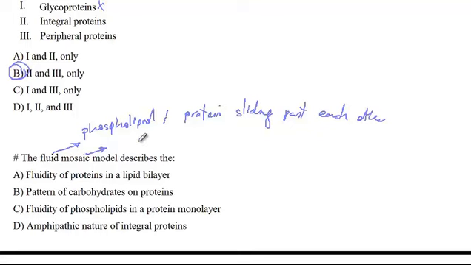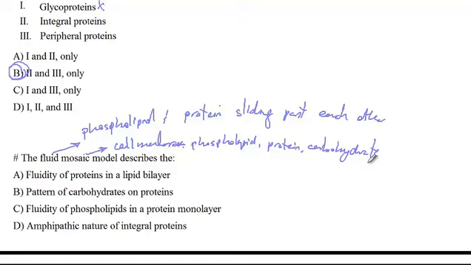And then the mosaic component of it is because a cell membrane is made of different components. Like for instance, it's made of a phospholipid, protein, carbohydrate, cholesterol, and so on. So now with this information in mind, let's try to answer this question.